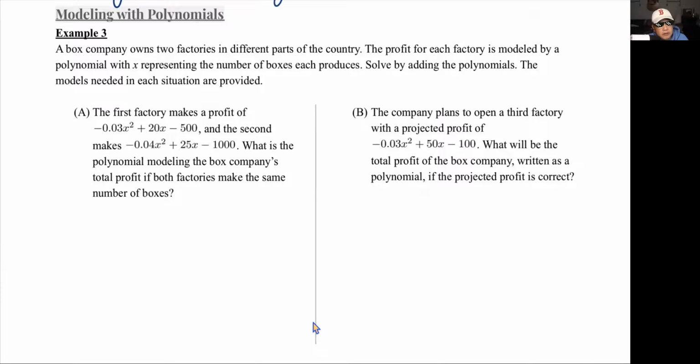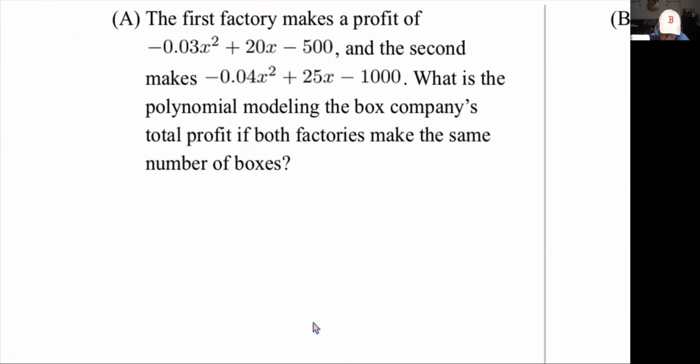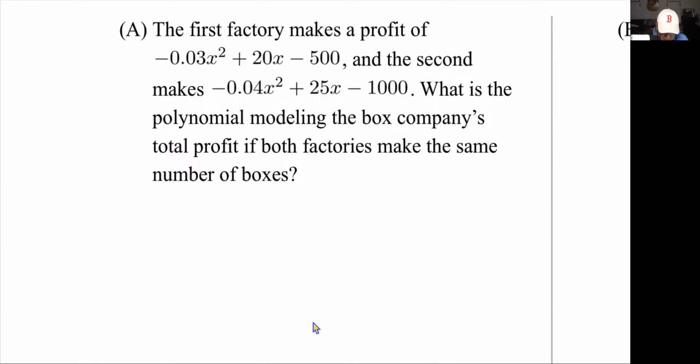We have a box company that owns two factories in two different parts of the country. Profit for each factory is modeled by a polynomial with x representing the number of boxes sold. By adding the polynomials, the two models in two situations are provided. Okay, so there's a lot of words, but essentially they were asking us to add this and this, right?